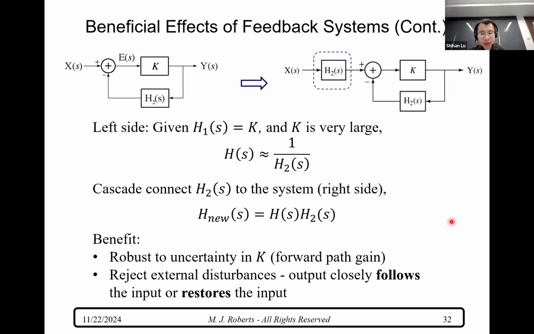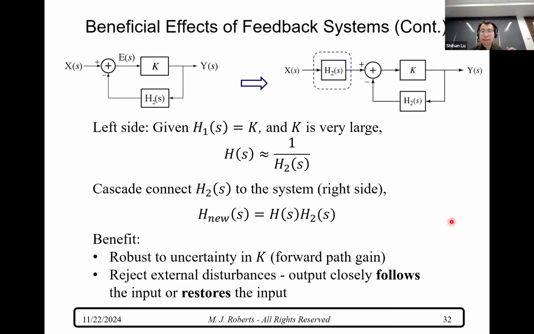Second, of course, it will reject the external disturbances, because this system makes the system output closely follow any system input. You can say it's tracking the system input, or you can also say it's restoring the system input.